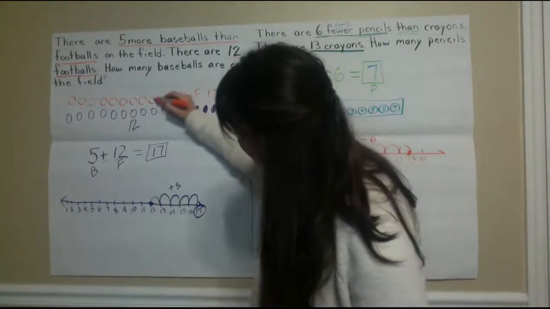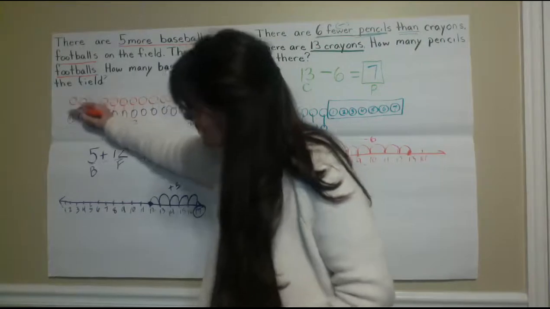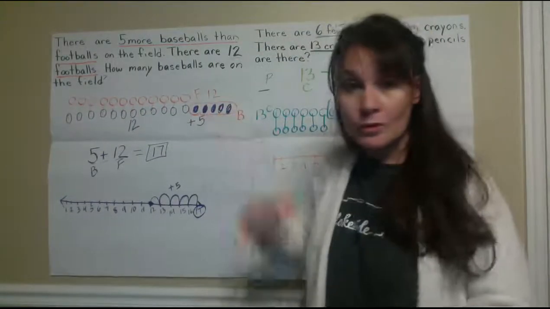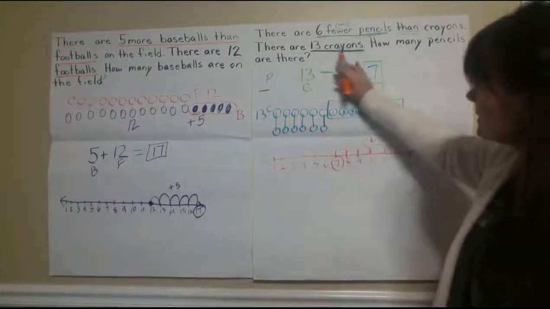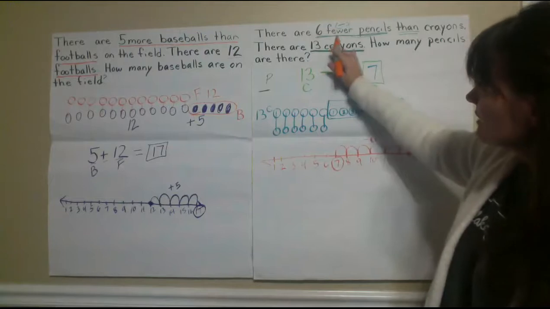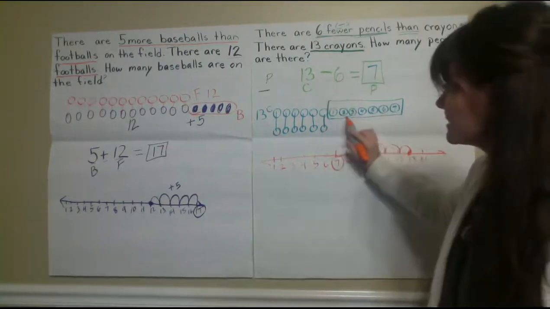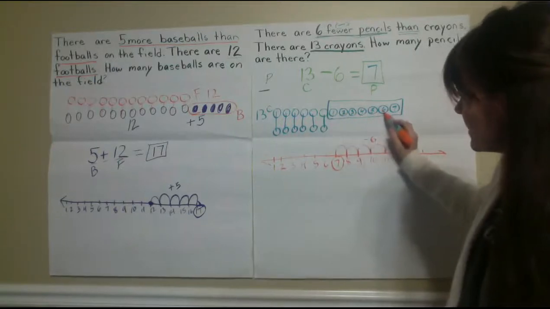You still had to know that these matched up, and you had to count how many more there were. With this problem, you knew that this one had 13 and this one had 6 fewer. So that gave you a clue that you might need to subtract and compare to see what the difference was between them.